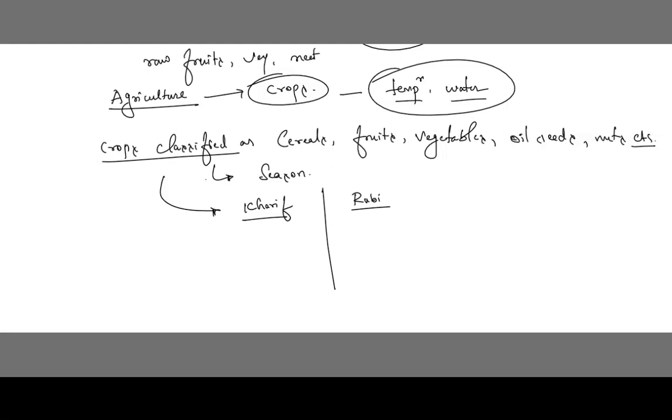We have already discussed Kharif crops and Rabi crops in our previous class. I hope you have seen it, but let me see once again what exactly Kharif crops are. It is the season in which we grow them. Usually we grow the Kharif crops during the rainy season, and they are harvested in the month of October.